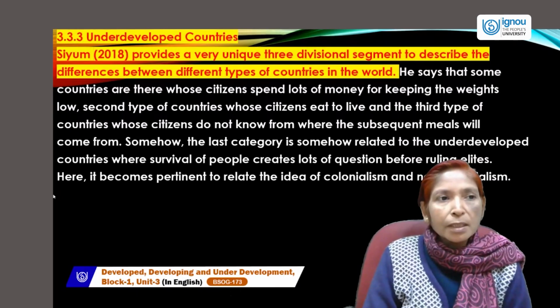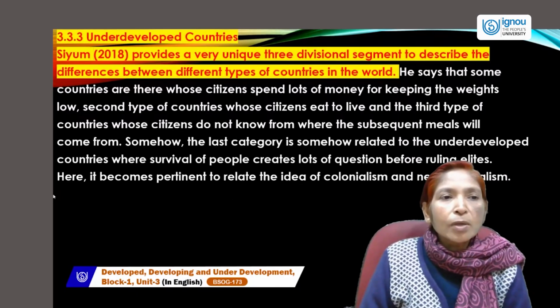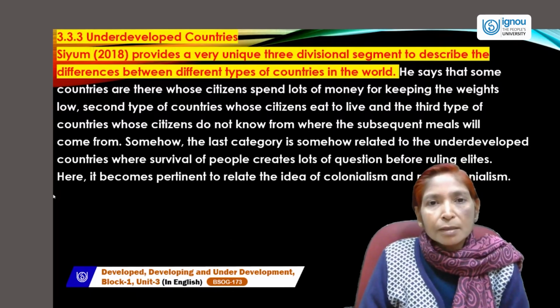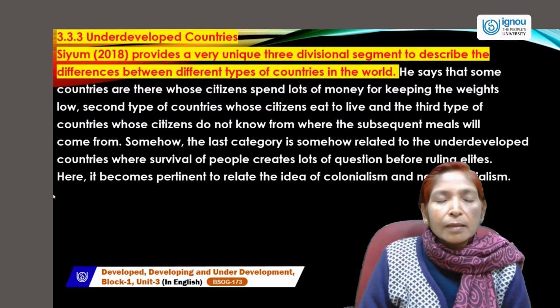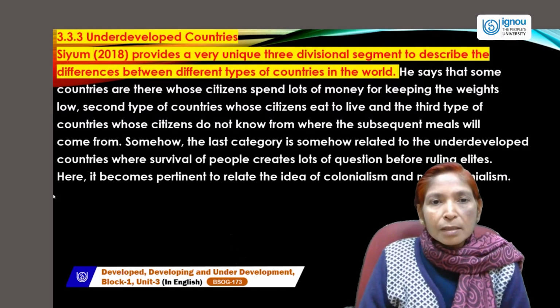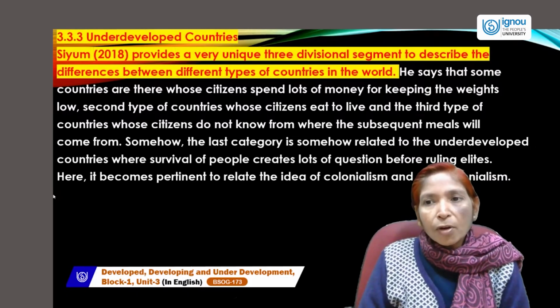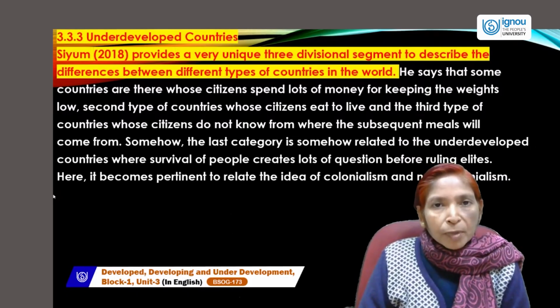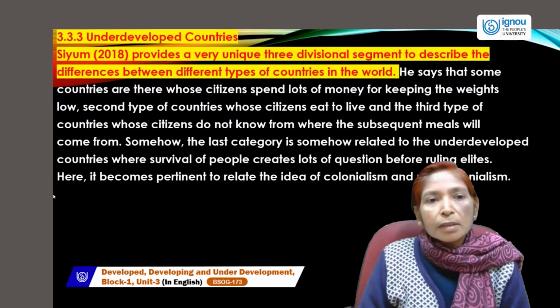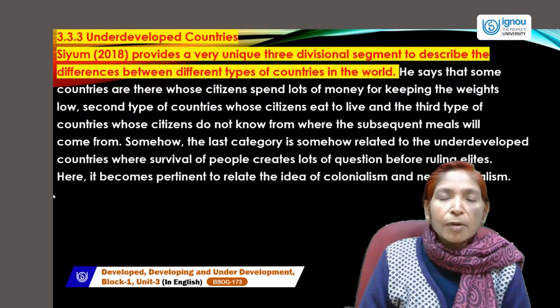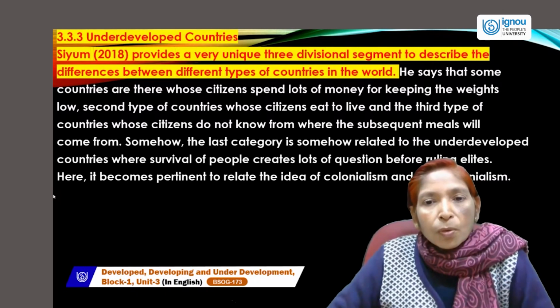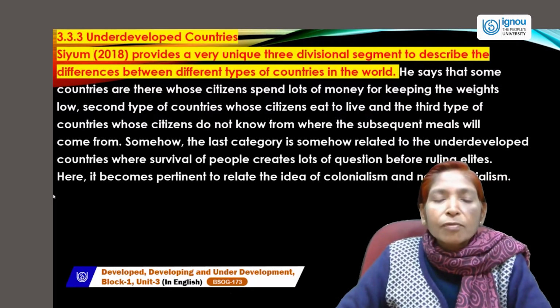So CM in 2018 provides a unique three divisional segment, and these three segments are: one is that in developed countries citizens spend lots of money for keeping the weight lower, and in developing countries citizens eat to live, and in the third type of countries, or underdeveloped countries, citizens don't know where the subsequent meal comes from.